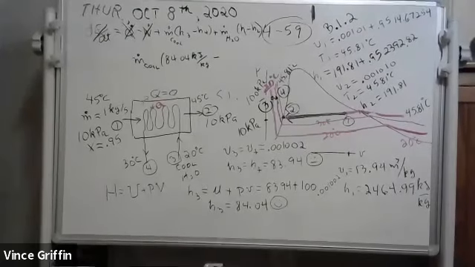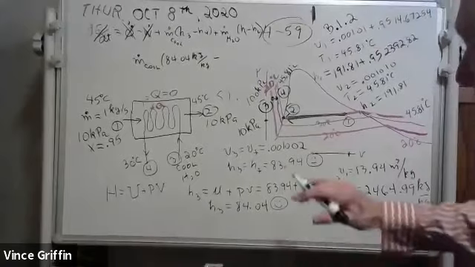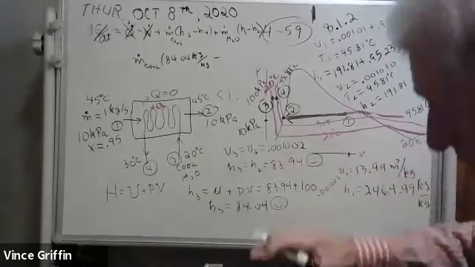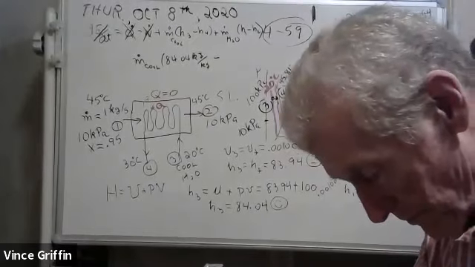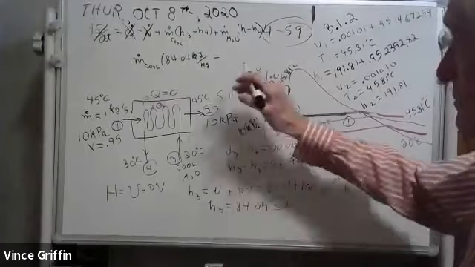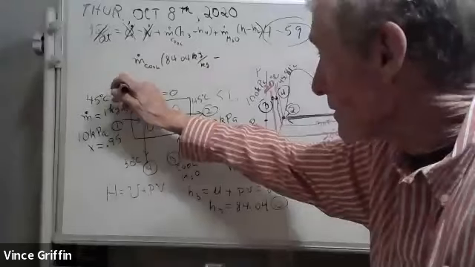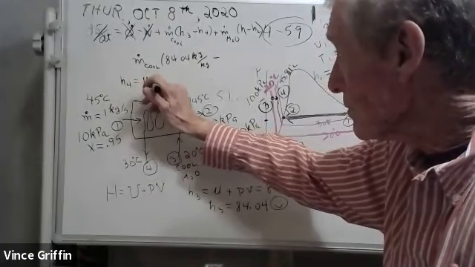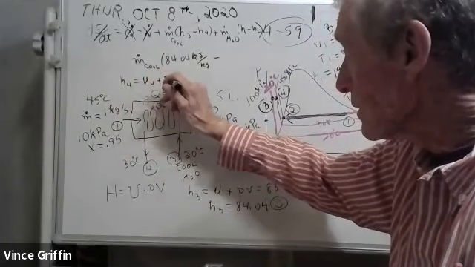But I tell you how we can get it, the same process that we did before. We can go to 30 degrees. Let me do it down here. H4 is going to be U4 plus P4V4.